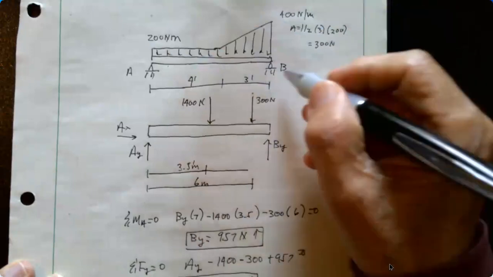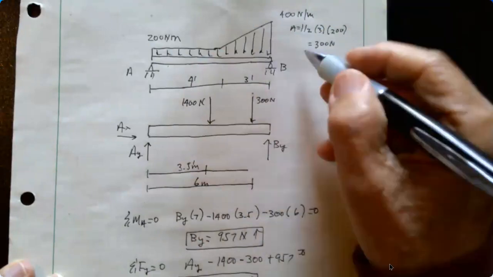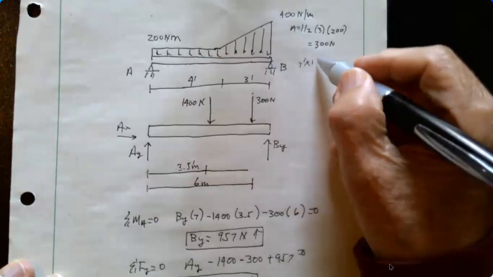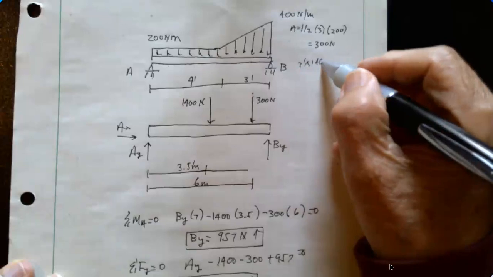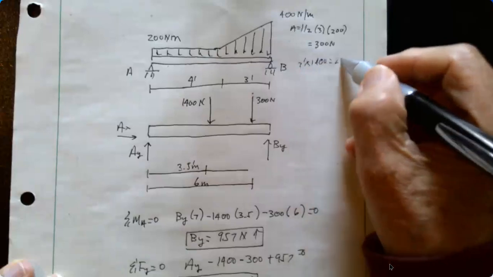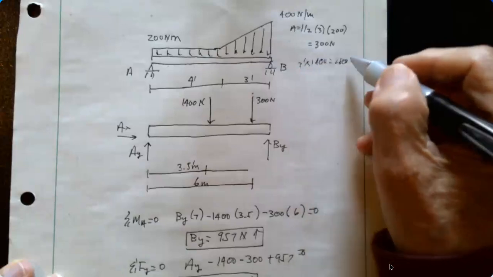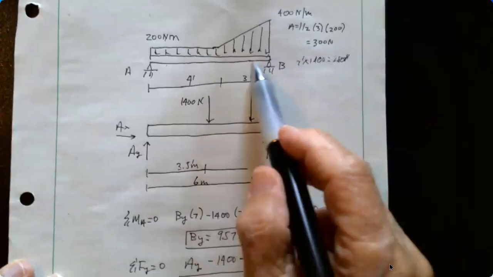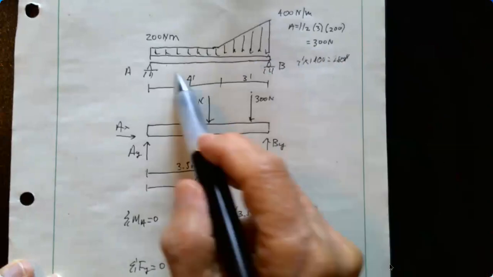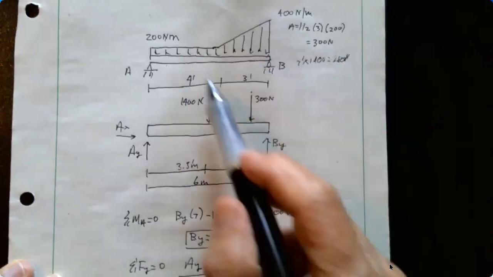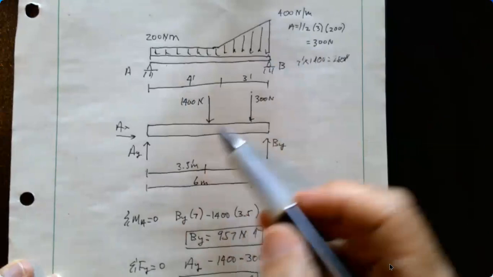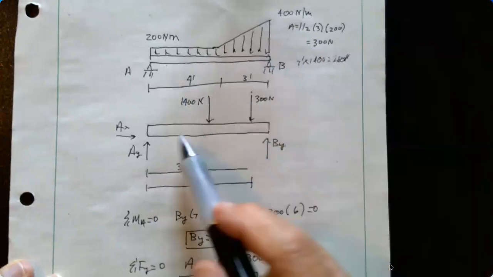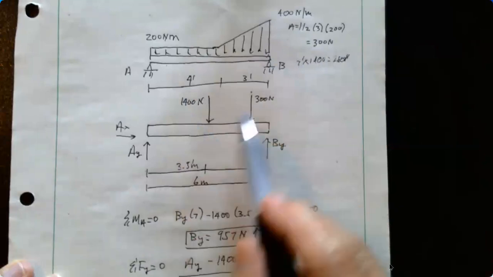So the rectangular load is going to be 7 feet times the 200, acting down. And the 1400 is going to be acting at the center of this rectangular load. So here's the 1400 newtons, and it will be acting 3.5 feet over.